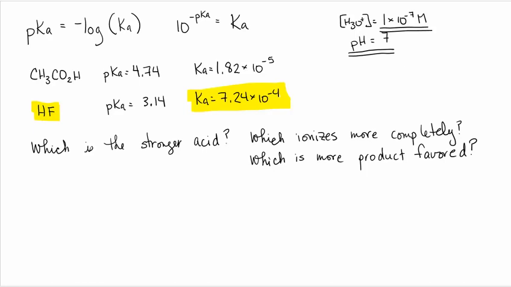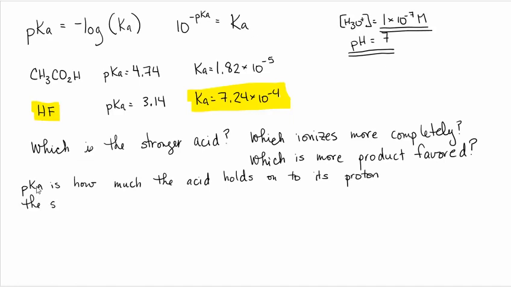So let me write that down so you guys have a little bit of words here, okay? So pKa is how much the acid holds on to its proton. The smaller the pKa, the less strongly the proton is held onto.